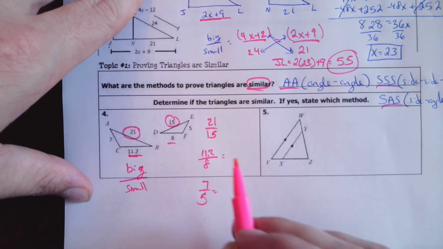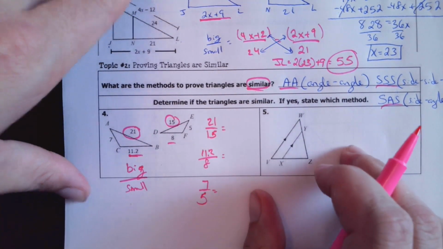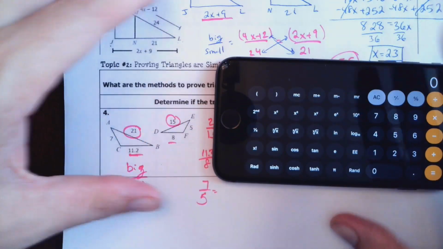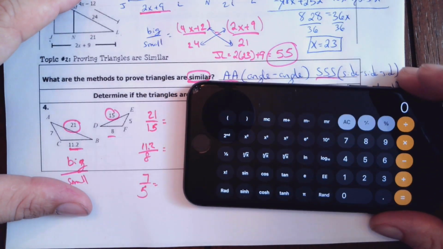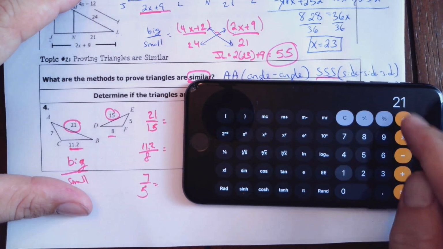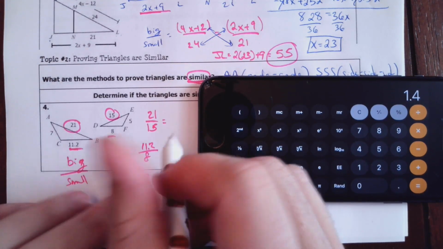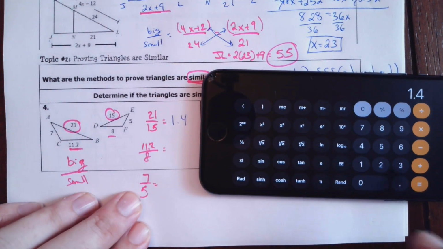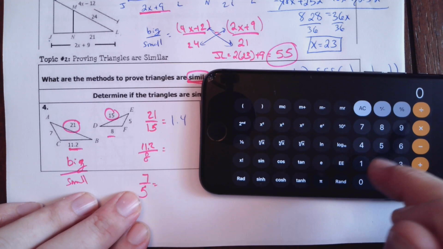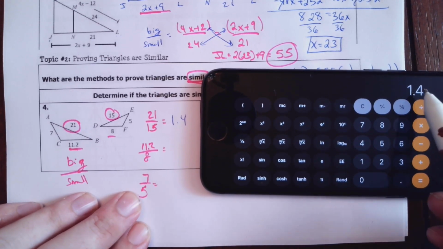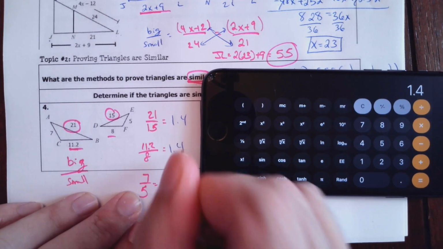So what I'm going to do is divide all these, and if I get the same answer, then they're similar. If I get different answers, then they are not similar. So here we go. 21 divided by 15 gives me 1.4. So we have 1.4 right here. 11.2 divided by 8, that is also 1.4.